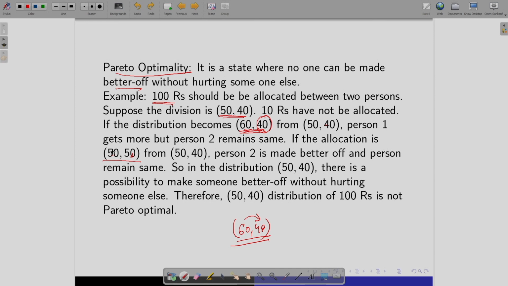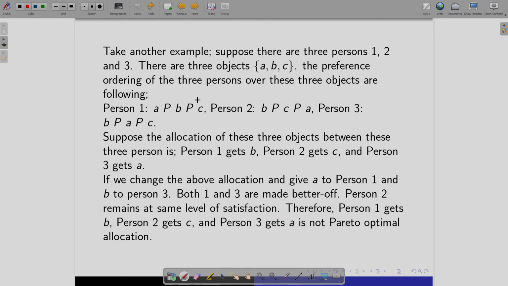Okay. So, let us now do another example. Suppose we have 3 persons, person 1, 2 and 3, and there are 3 objects, these are A, B, C. Okay. This can be anything, like this is bat, ball, and this is suppose wickets. Okay. Or you can say this is suppose some chocolate, this is ice cream, and this is suppose some biscuits or cookies.